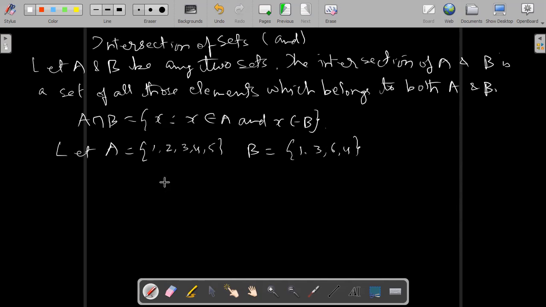Then A intersection B will be the common elements. 3 is there, 4 is there, and 1 is also there. So 1 is common, 3 is common, and 4 is common. Therefore, the intersection will be 1, 3, 4.